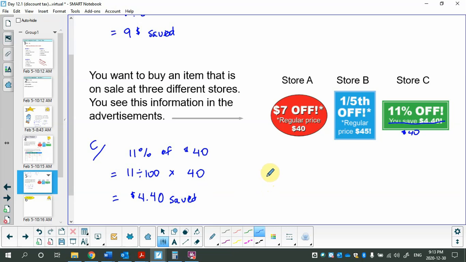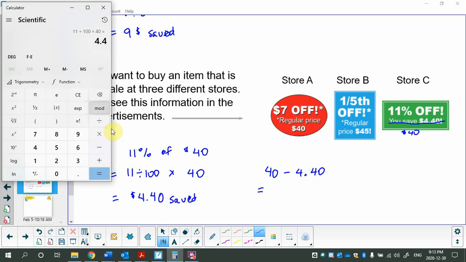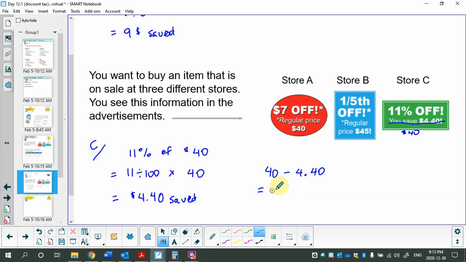So let's see how much we actually get to spend at this particular store. So it used to be $40. I'm saving a whole $4.40. And I get 35.6, which means I need to add a 0 on the end to make it look like money.